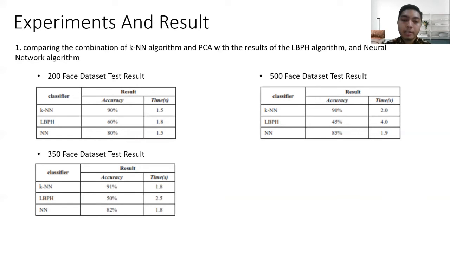The time needed is 1.8 seconds. And the last one, we use a 500 face dataset. The accuracy of KNN is 90% and the neural network increases to 85% with a time of 1.9 seconds, and for KNN it is not so different, which is 2.0 seconds.